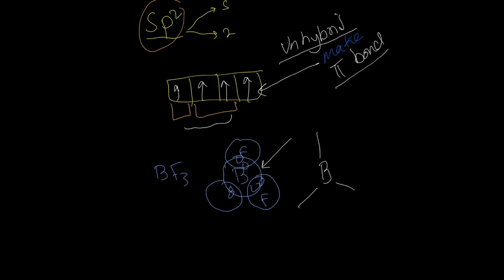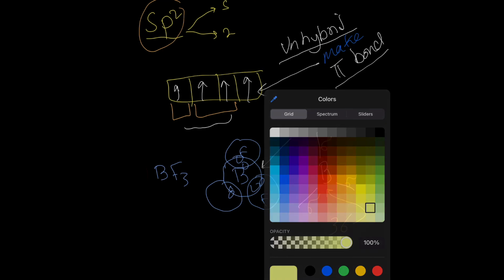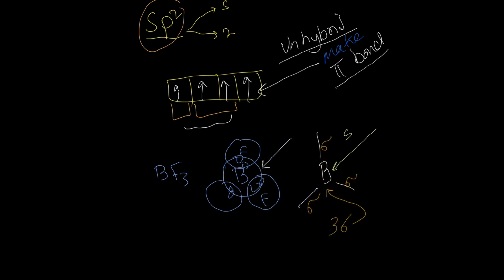In this case, how many sigma bonds do we have around this element? We have 1, 2, 3. So we have 3 sigma bonds around the boron atom, and the hybridization of boron is sp2. So it's not necessary to have a pi bond.